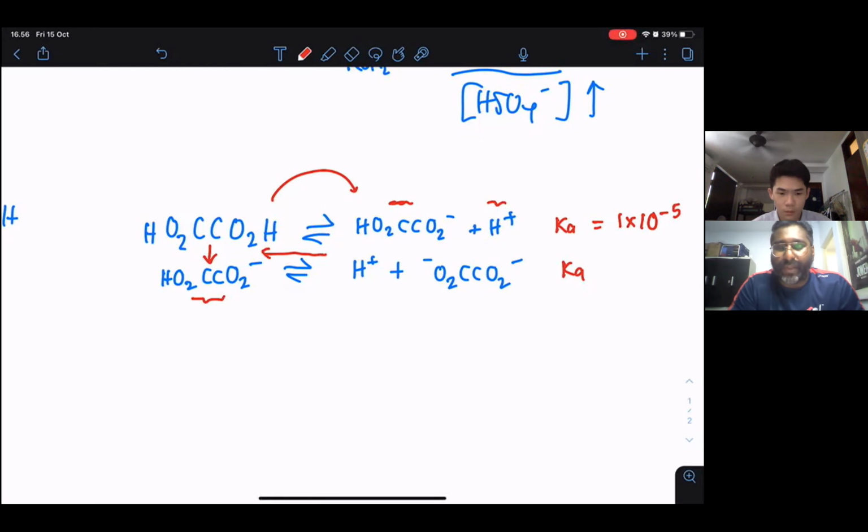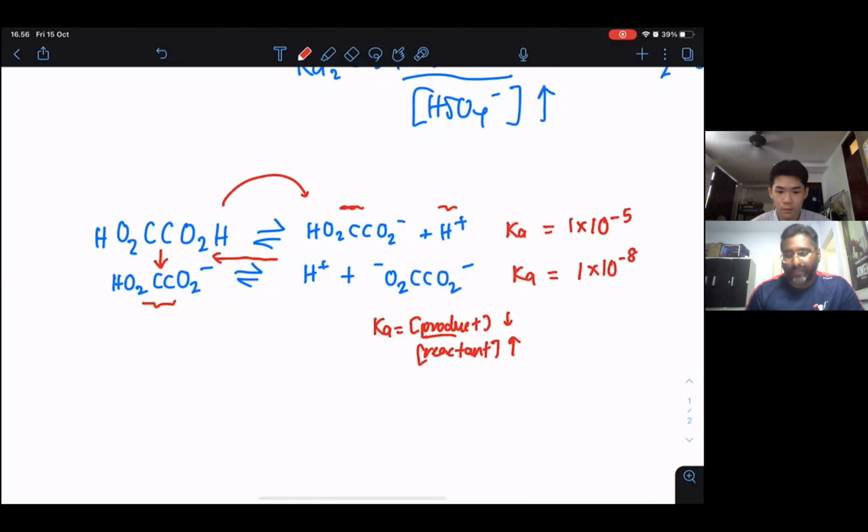What happens in that process? We know Ka is supposed to be the product divided by the reactant. Because the product is going to be less, it is reacting less and forming more reactant, so automatically the Ka will become lower. We are expecting this to become 10 negative 8, for example.